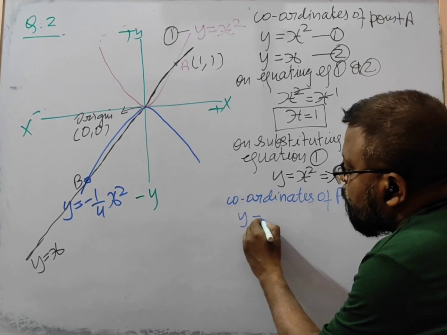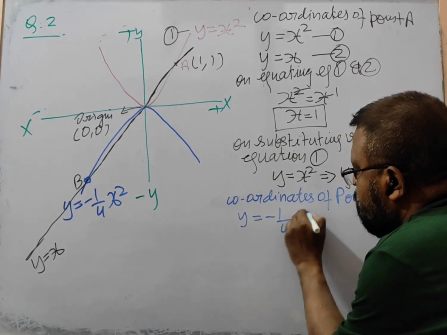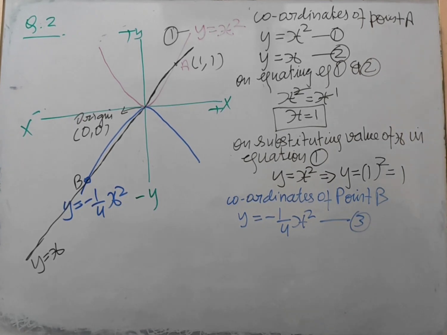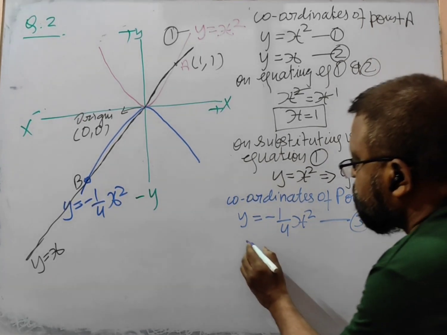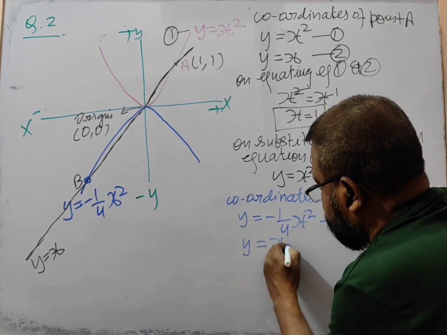y is equal to minus 1 upon 4 x square. This is equation number 3, and equation number 2 is y is equal to x, right?